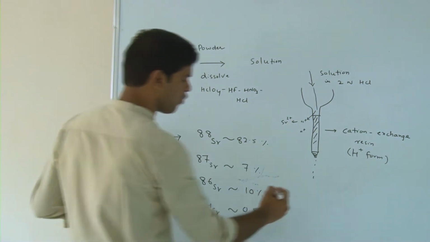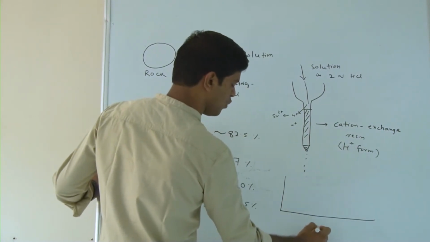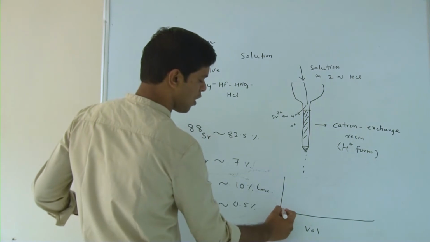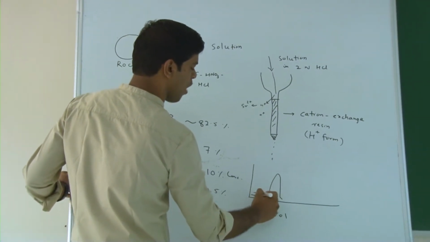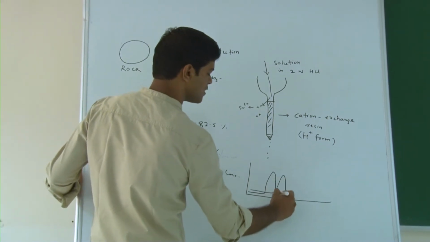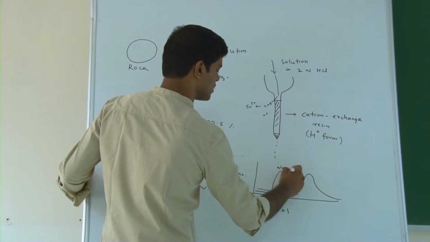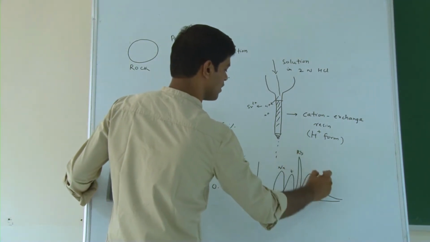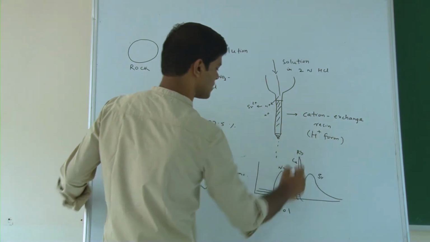You can check for these solutions, and when you look at volume and concentration of samples, initially all the cations will come out of the column at different phases. Let us say this is sodium, this is potassium, let us say this is rubidium, let us say this is strontium, you will have calcium somewhere.